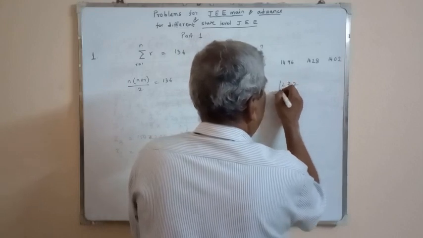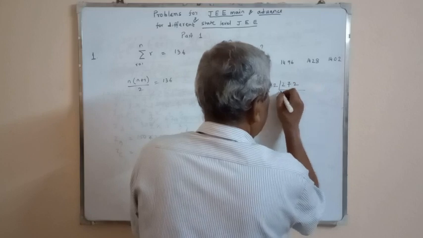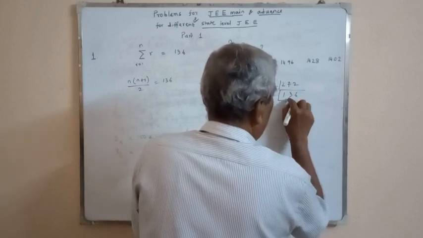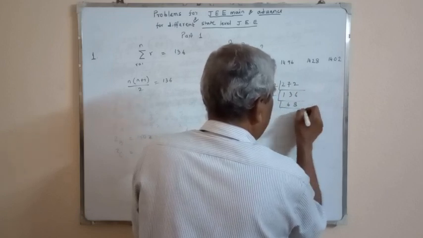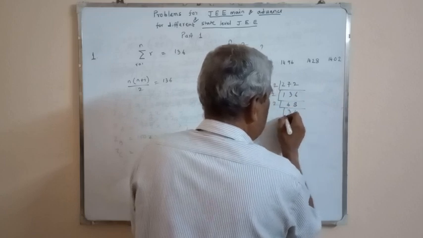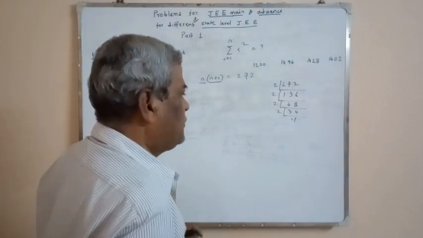272 is 2 into 136, then 2 into 68, then 2 into 34, and 2 into 17. No other factor is possible.